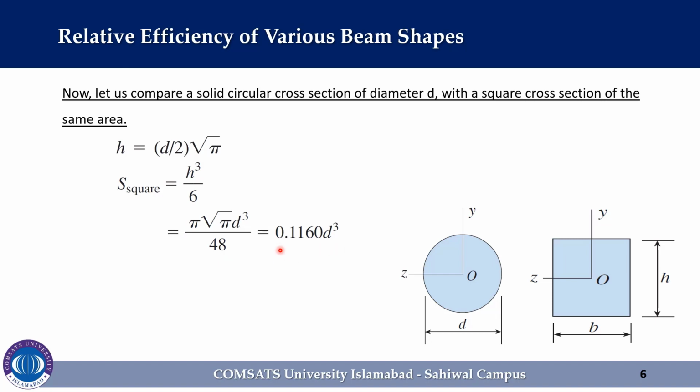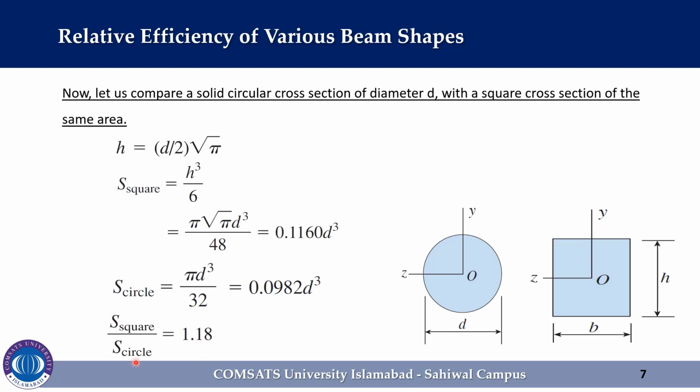After simplification, we can also express it as 0.1160 d cube. However, for the case of the circle, the section modulus can be written as pi d cube over 32. That can also be expressed as 0.0982 d cube. From these expressions, we get S square over S circle is equal to 1.18.